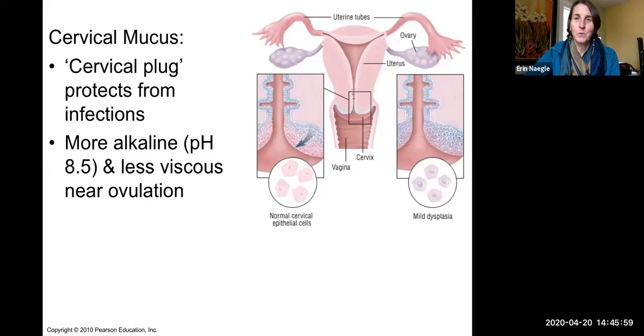But in the case when it would be handy to have the sperm survive, the cervical mucus membranes are making a more alkaline mucus that helps the sperm to survive. There's some thoughts that that mucus also provides some food and nutrients for the sperm in their journey. And that mucus also becomes less viscous, meaning it becomes more watery and easier for the sperm to swim through.